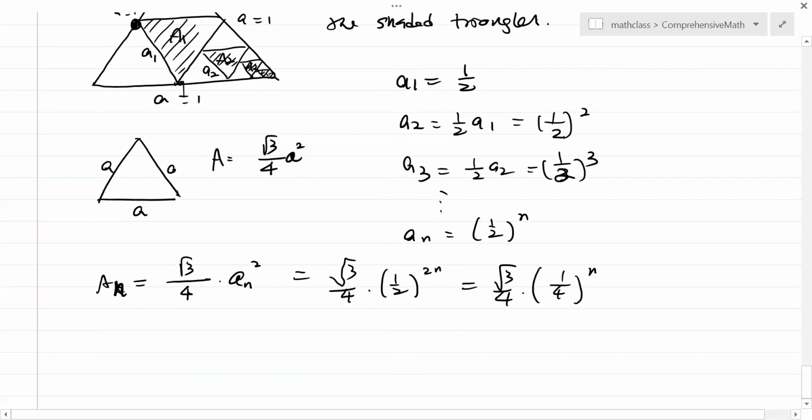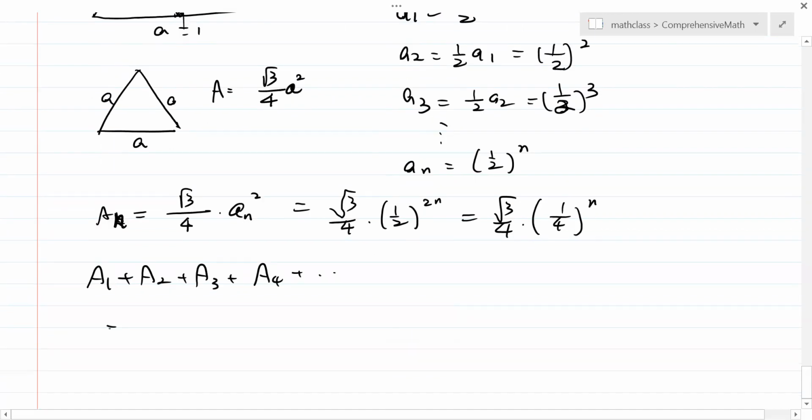Okay, so now add them together. First one plus second one plus third. Keep it going, right? So every term there's a root 3 over 4. So it's 1/2, right? And plus 1/4 square. And the nth term.